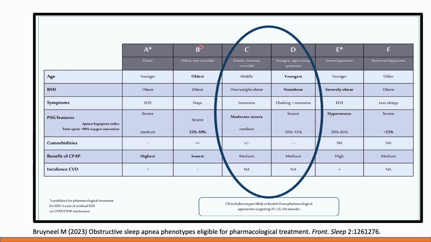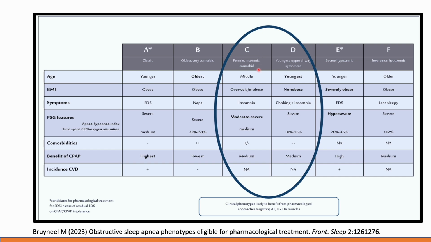If we talk about the old patients, the comorbids, they may have obesity, they may complain of EDS, or they may just complain of naps. There also you may see a high AHI and a high oxygen desaturation index. They have a lot of comorbidities, and they may not benefit as much from CPAP as the classic young ones do because they have other comorbidities also.